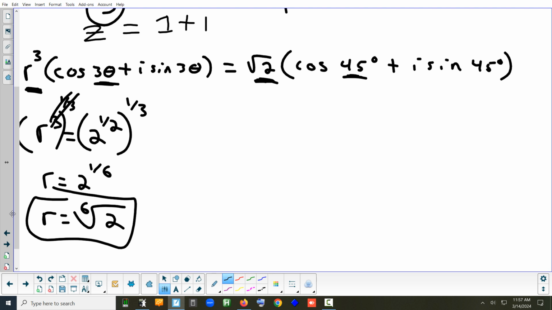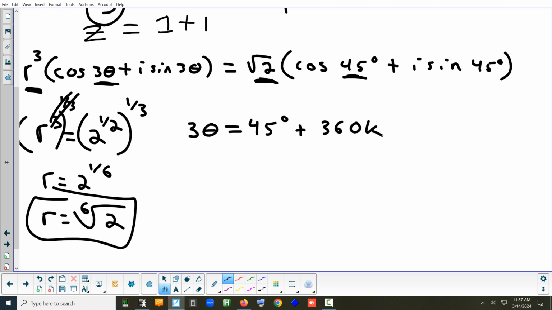The angle on the left side is just 3 theta. And what's the angle on the right side? 45 degrees. And then we have to do the plus 360 degrees k. Okay, now before we start filling into that formula, it's better if we get theta alone.